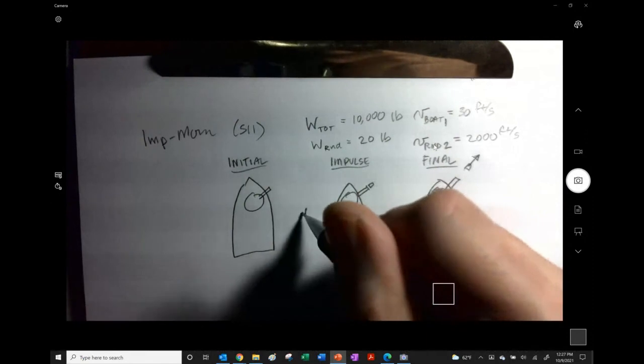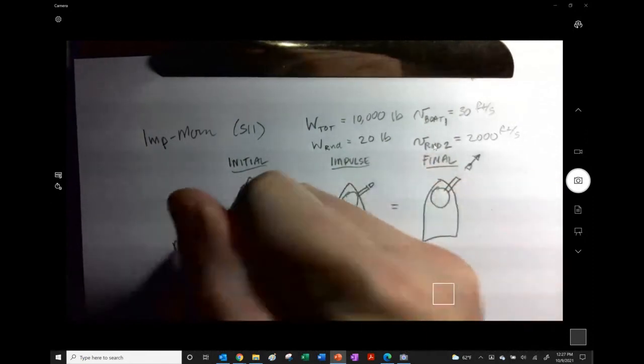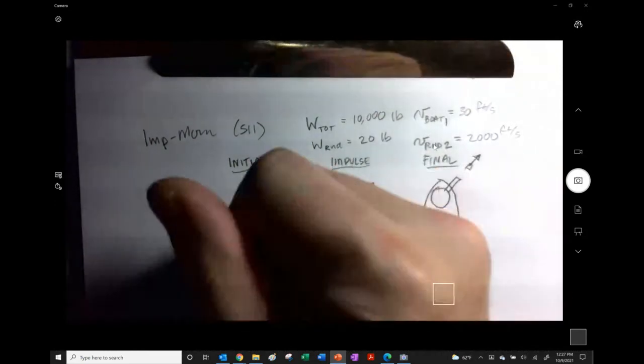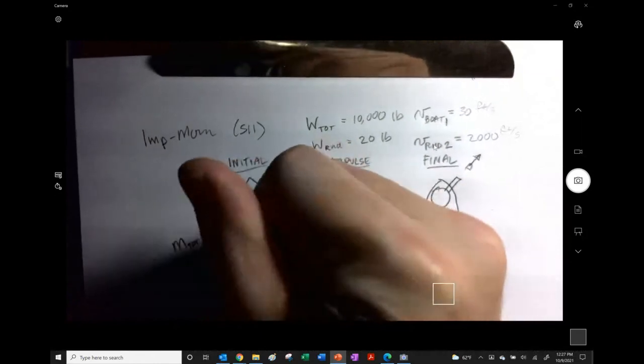So here is our mass total times our V boat 1.